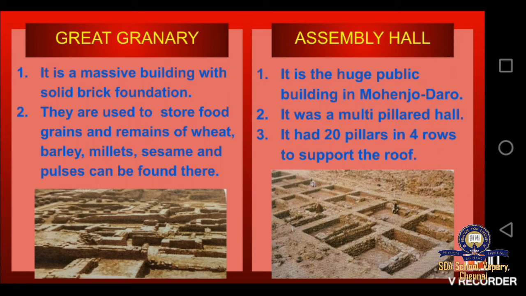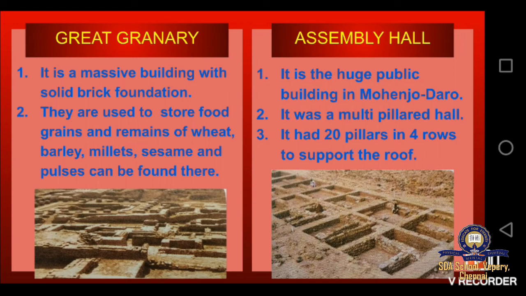Second is the assembly hall, a huge public building in Mohenjo-daro, and it seems that it had many pillars. To be more specific, it had 20 pillars in 4 rows.